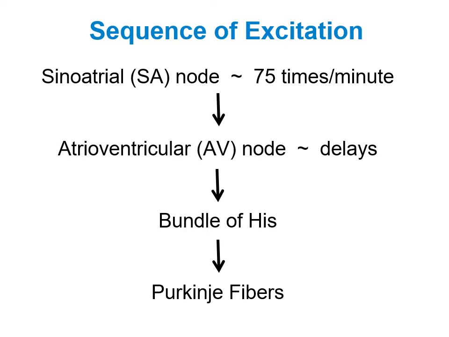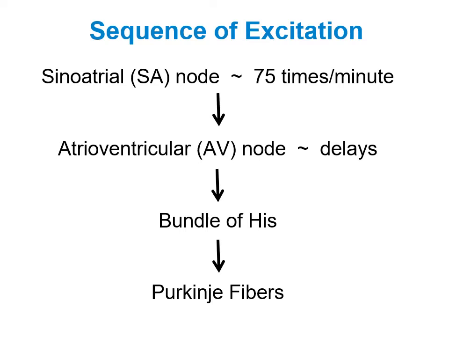Then the action potentials move through the atrial myocardium. At the same time, some potentials move to the AV node. The atrioventricular node is known as the gatekeeper. The AV node delays the potentials for a brief moment.